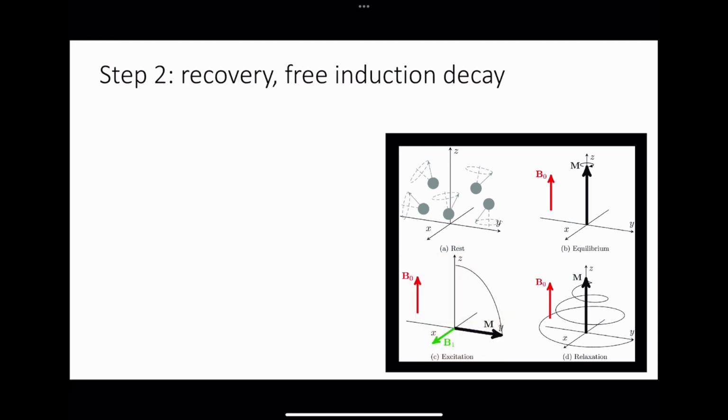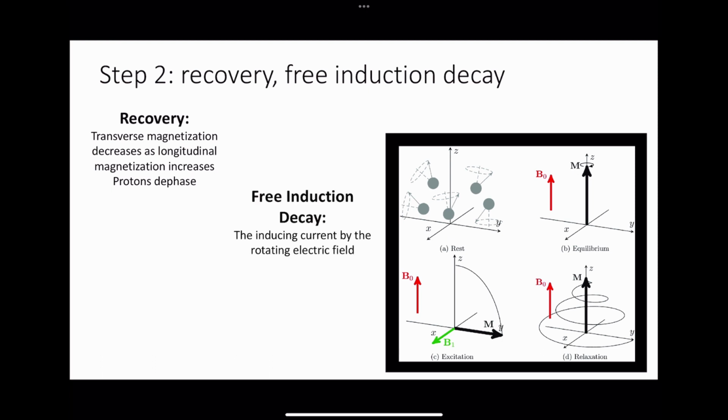Step 2 of the spin echo sequence is known as the recovery stage. In this stage, transverse magnetization decreases and longitudinal magnetization increases, meaning the protons dephase. This process looks like a spiral of the net magnetization vector along the z-axis, as you can see in this graphic created.